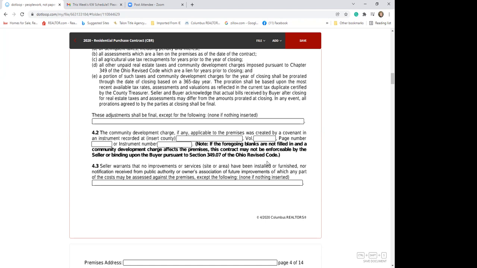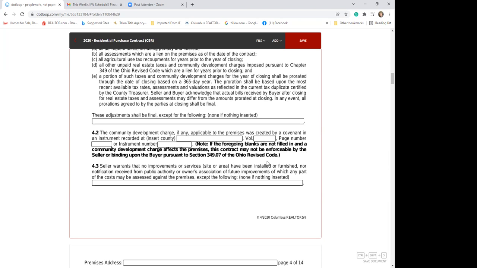It's really sad. I know certain communities that have CDAs and the listing agents consistently say no community development assessment. And I don't know how they get away with that, because if you say yes, you've got to find the instrument number and the volume or whatever it's called. It takes a little bit of work.